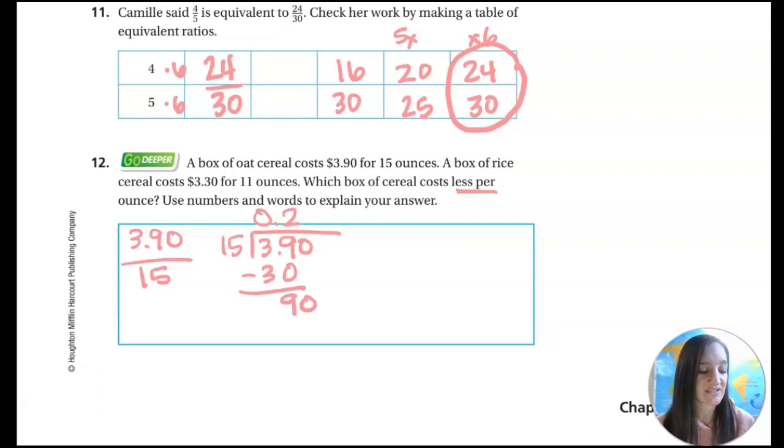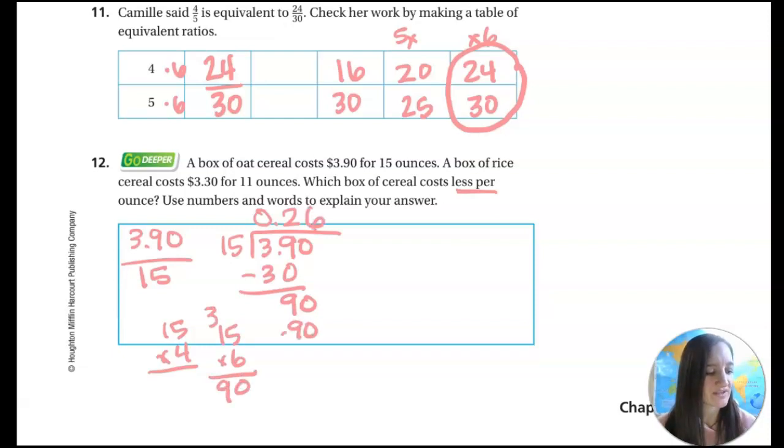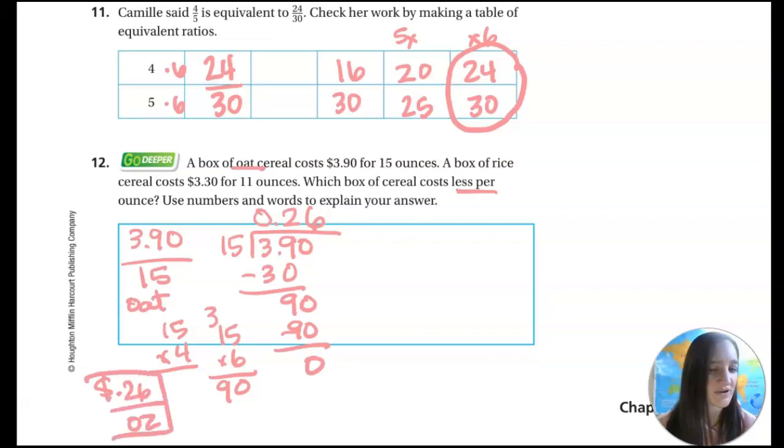Let's find out. I want to say it's 4. Nope, it's 6. There we go. Okay, so I just found out that oat is 26 cents per ounce. I'm going to square that up so it's easy to find again.